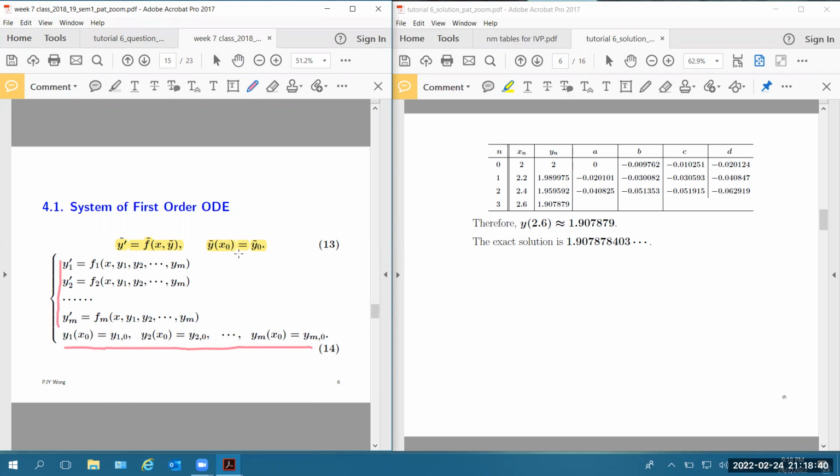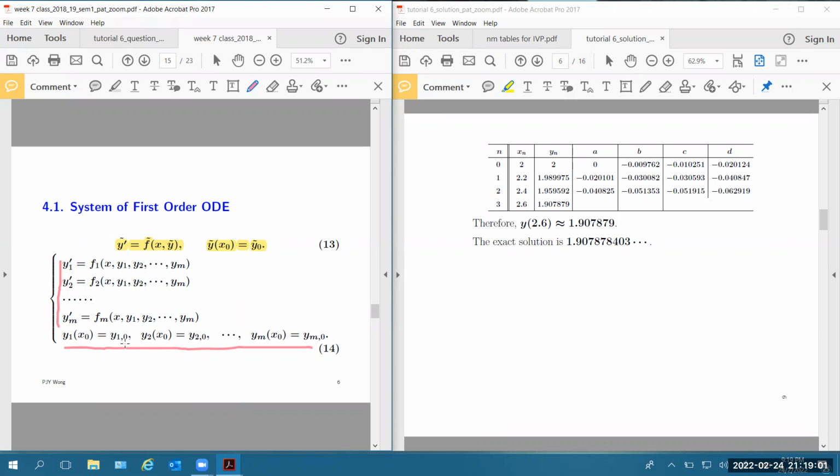Professor, in step 14, why do we need to change from y1 in x0 to y1 comma 0? Like what's the purpose of changing that? This y1 0 actually is a constant.